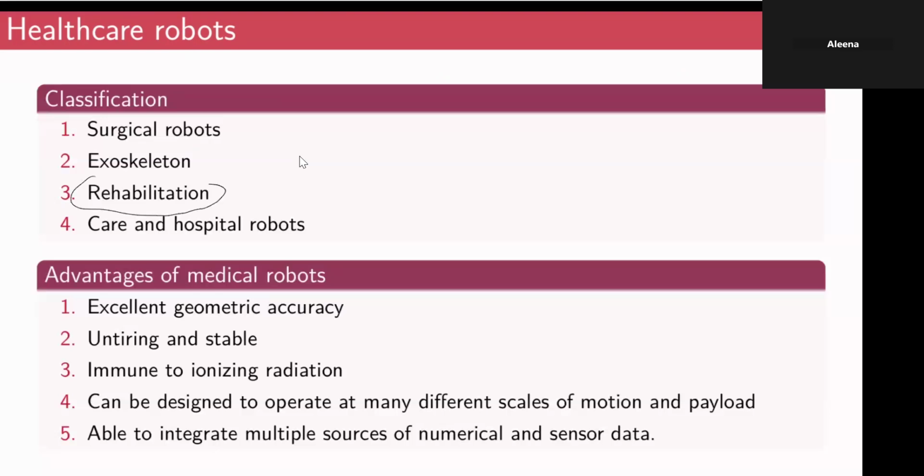Another aspect is rehabilitation. For example, if a person is suffering from symptoms of stroke, he may be paralyzed in some part of his body. Or if a person is recovering from a very serious accident or a very serious surgery, it may take some time for that person to completely regain the functionality of his limbs.